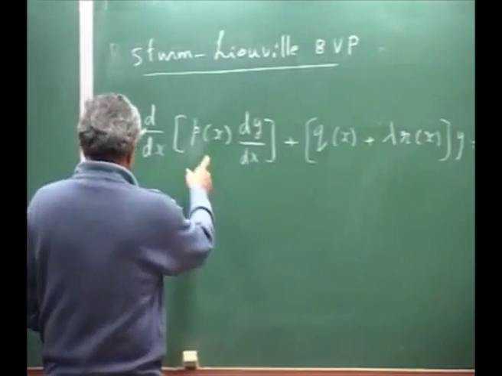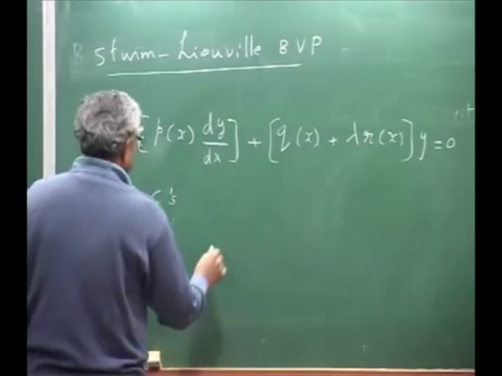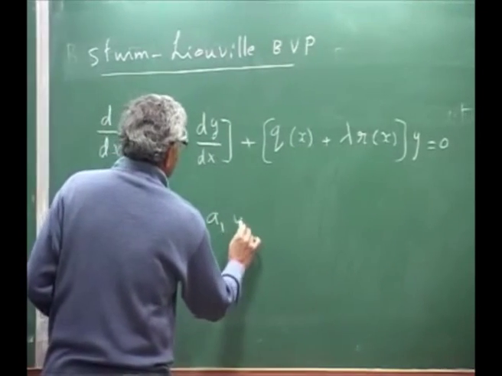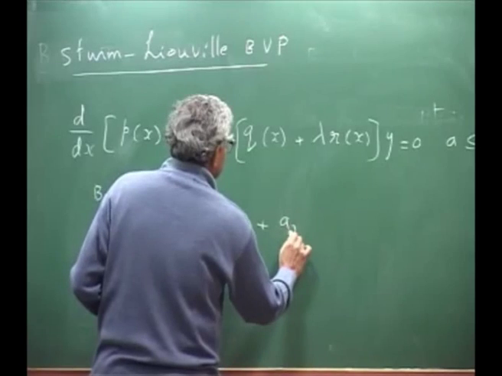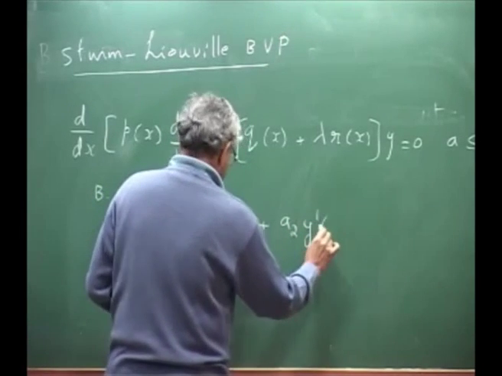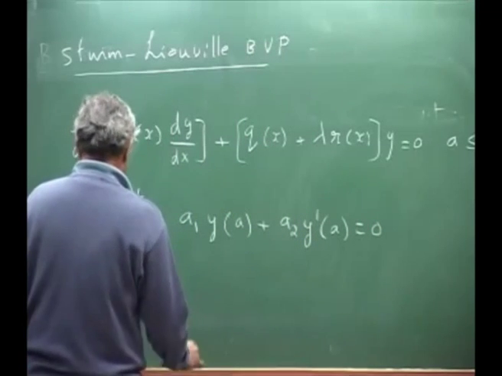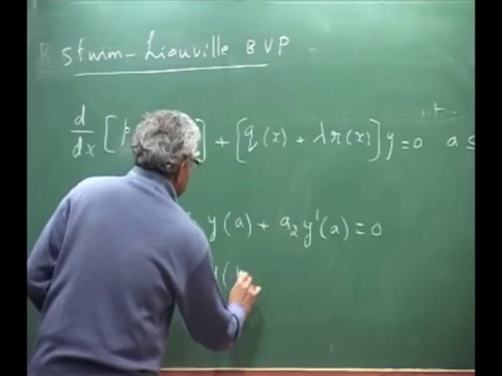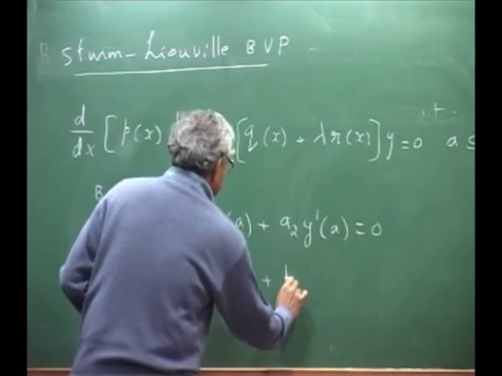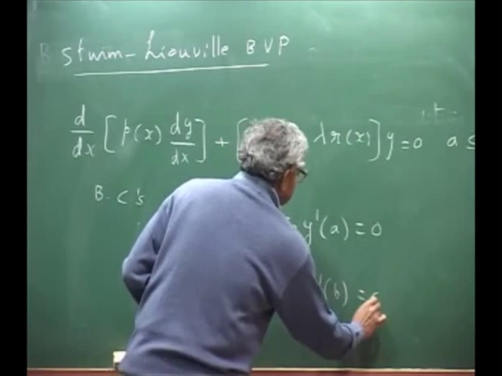The boundary conditions are given as a1 y of a plus a2 y prime of a equals 0, and similarly b1 y of b plus b2 y prime of b equals 0.